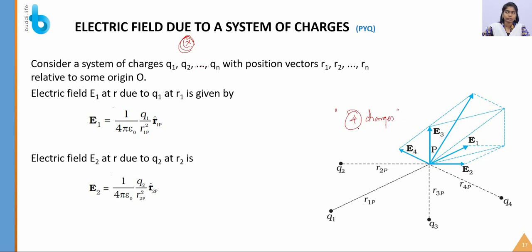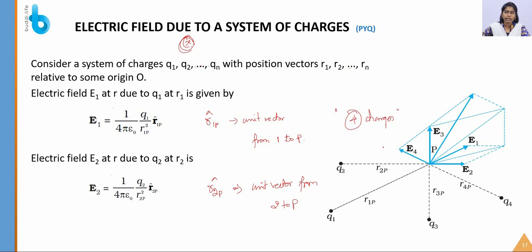Consider the system of charges Q1, Q2, Q3 and Q4, which have position vectors R1, R2 and so on. It has a unit vector R1P cap. Here R1P cap implies the unit vector from 1 to P, that is, the vector directed from 1 to P. Similarly, R2P cap is the unit vector from 2 to P.